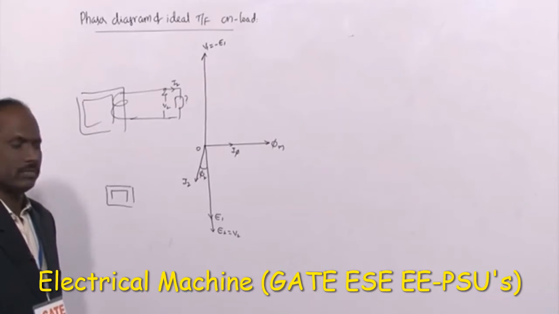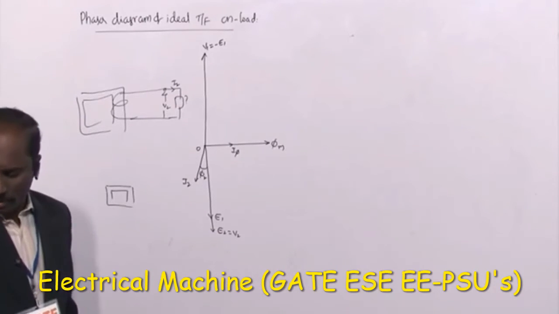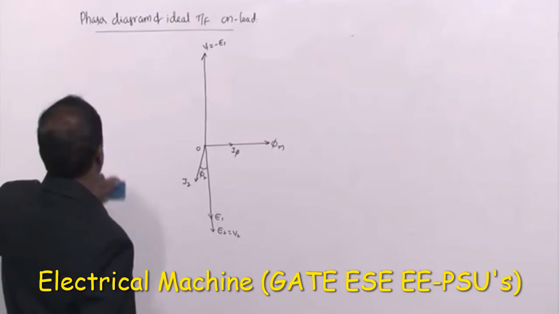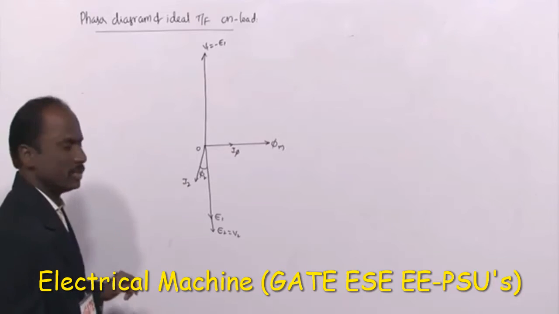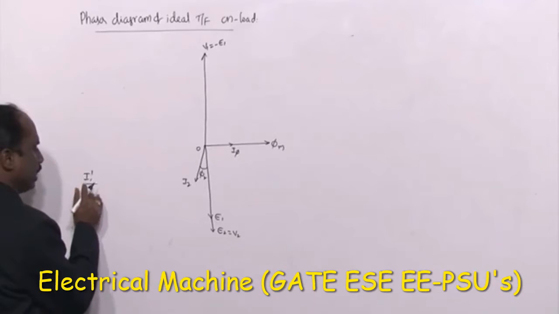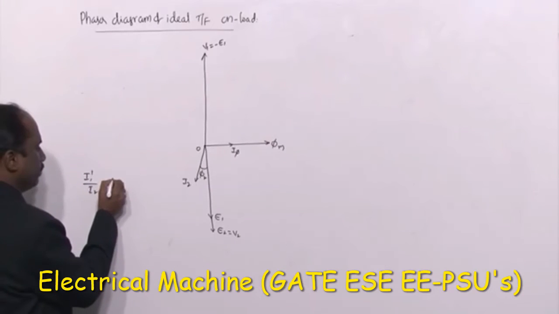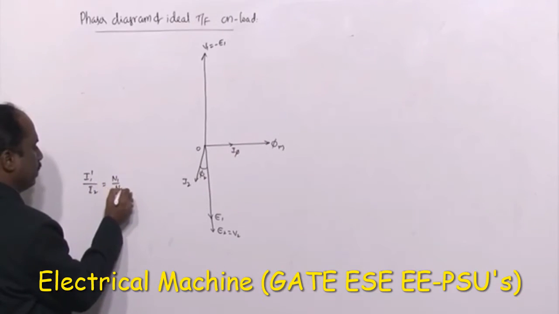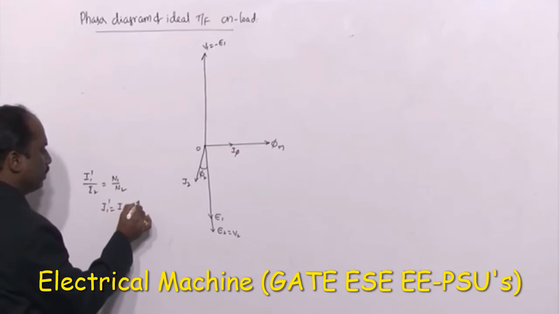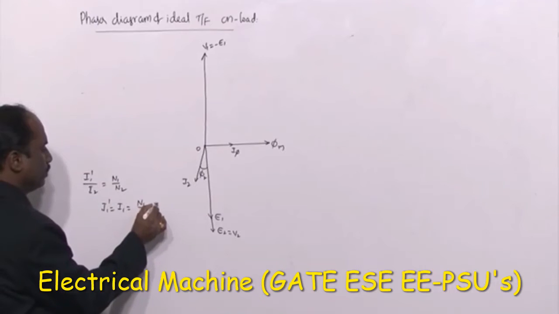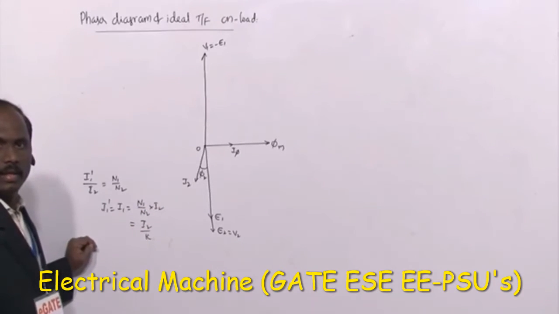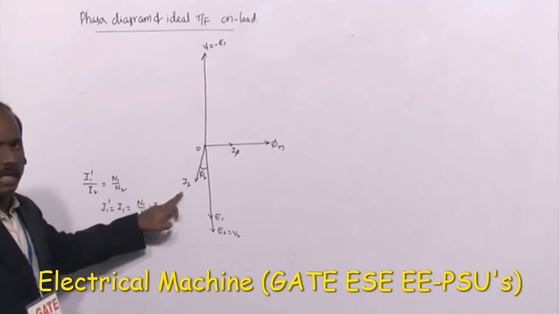This is the current I2 which is lagging the applied voltage at an angle of phi 2. Now, what is the primary side resultant current actually? We have taken I1 dash by I2 is equal to N1 by N2, or I1 dash is equal to N1 by N2 into I2, which is I2 by K. So on the secondary side the current is I2.